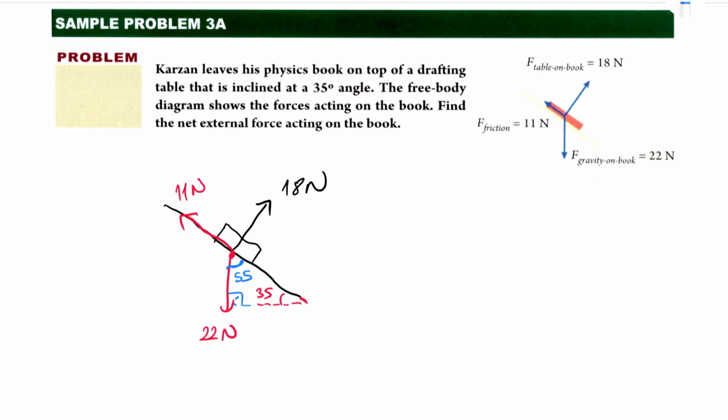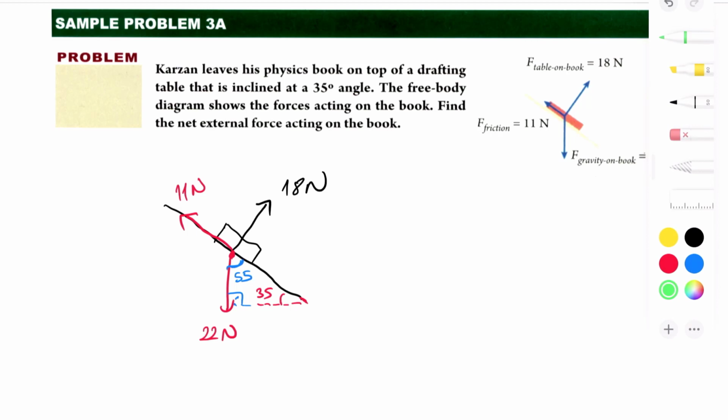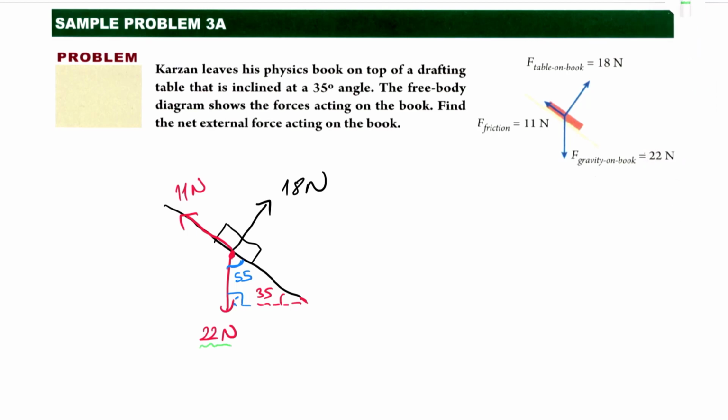As I told you, if the forces are acting in the same direction, we can add them to each other. If the forces are acting in opposite directions, we have to subtract them. But here, the 22 Newton force is not in the same or opposite direction with the 18 or 11. So I have to separate the 22 Newton into components.